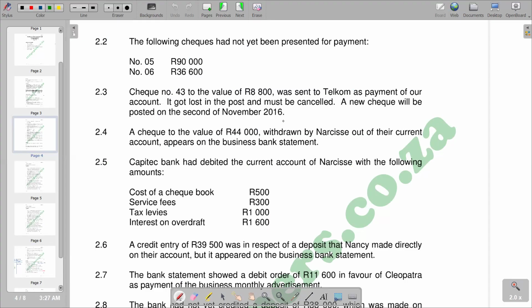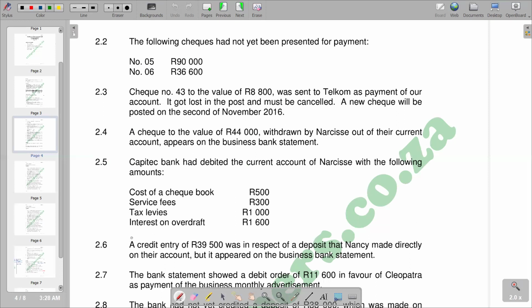And obviously, this is a payment to Telkom, so it's a telephone payment. This transaction is not going to affect our bank reconciliation because it never reached the bank, and it was not processed, so we are not going to adjust anything, but we are only going to remove this check in the cash book.